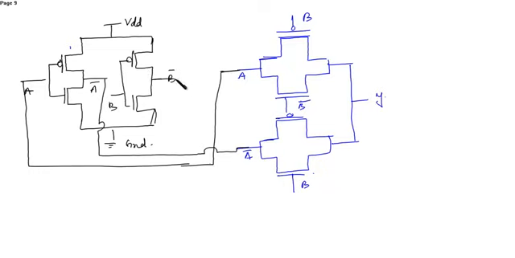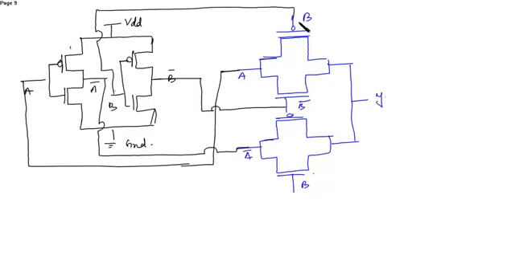Then B bar can be directly connected to here, and B here, then from here. Okay, so this is the normal schematic diagram.